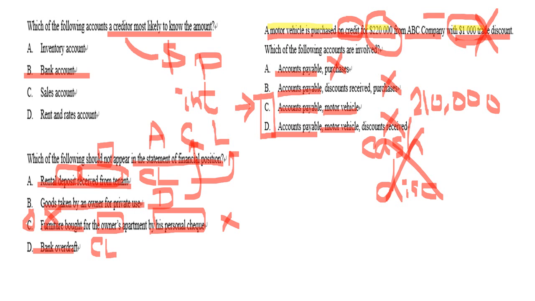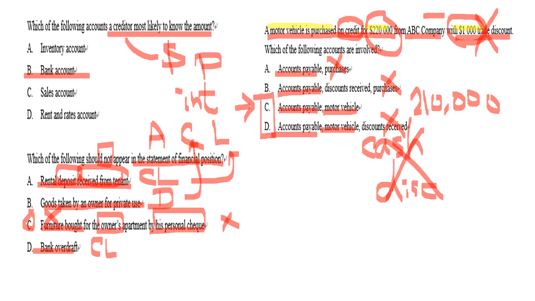Next, should not appear in the statement of financial position. In the financial position, we know about the asset, capital, and liability. Look at A. Rental deposit received from a tenant. This is received from a tenant, which is a current liability because the tenant has given us money.